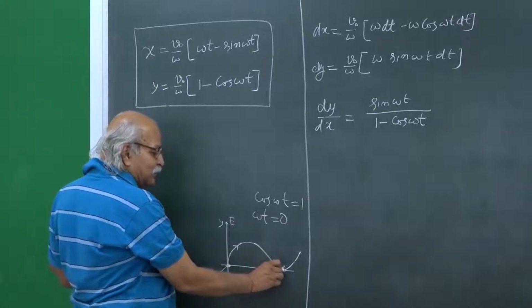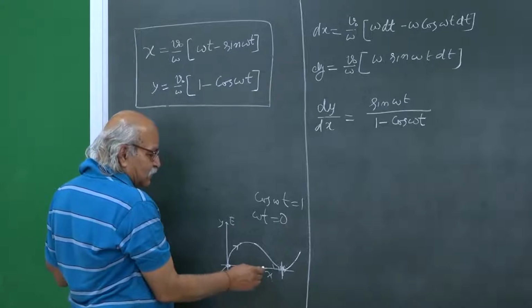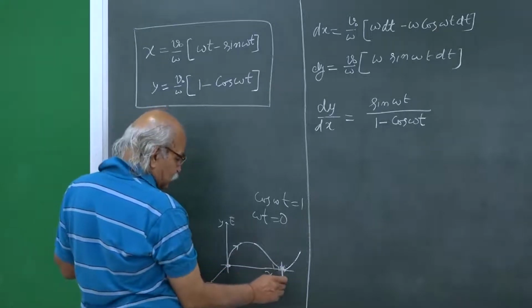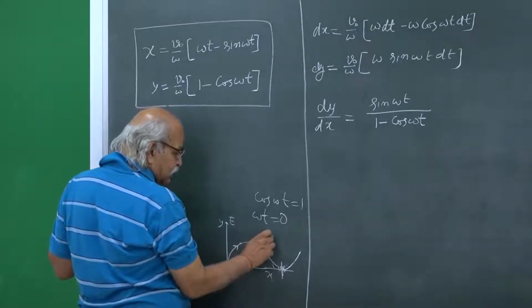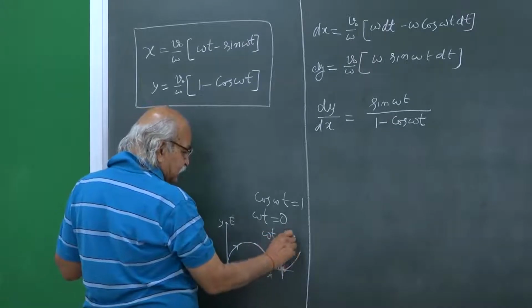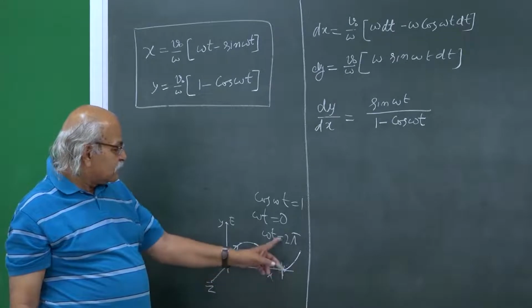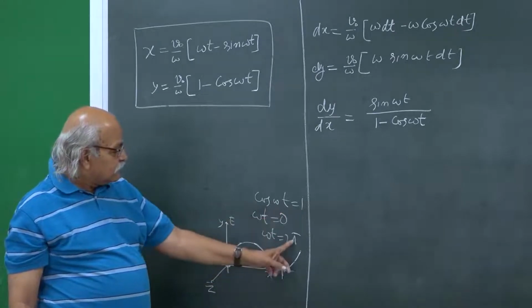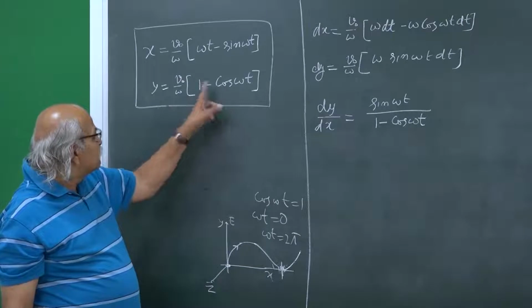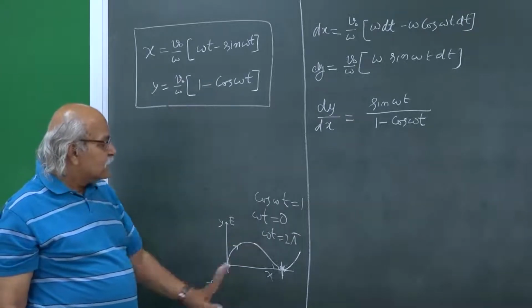Next time y equal to 0, we are interested in this point. So, omega t should be equal to 2 pi. Here y will again be 0, because cos omega t will be 1 and 1 minus 1 will be 0. So, omega t is 2 pi.